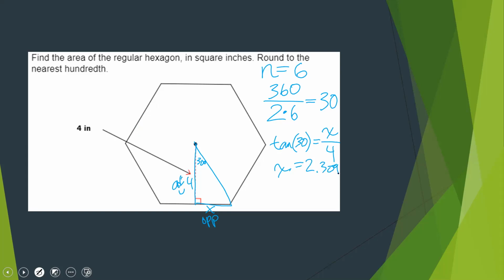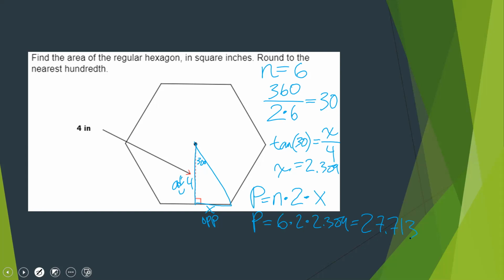Then think about how many of those we have. Perimeter equals n times 2 times x. In this case, perimeter is equal to 6 times 2 times 2.309, which is 27.713 rounded off.